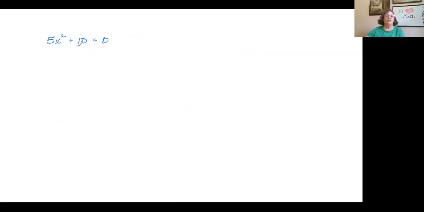Now we actually could, because there's no middle term, use the product of square roots. In other words, solve this for x squared by subtracting the 10 and dividing by 5. But I want to go ahead and practice using the quadratic formula.